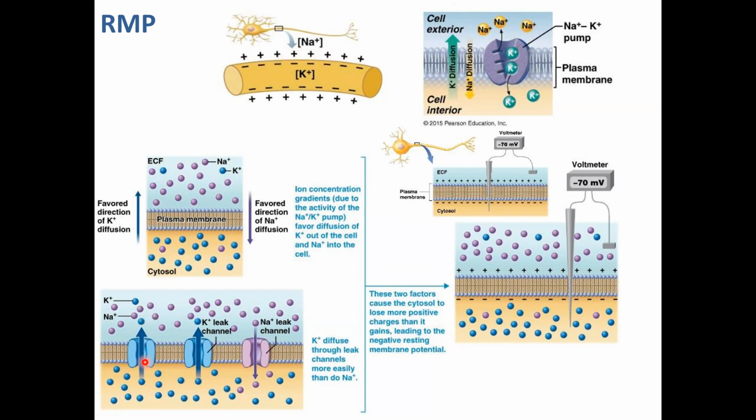But because inside the membrane we have lots of potassium leakage channels, or leak channels, this potassium starts diffusing out. When potassium diffuses out, the cell becomes negative inside and positive outside. And this is our electrochemical gradient now, because we have both chemical and electrical gradient.